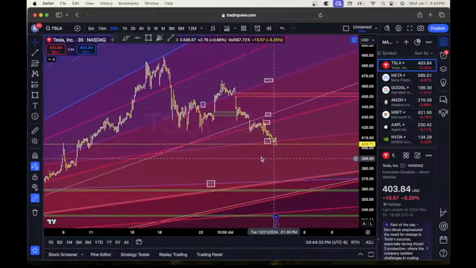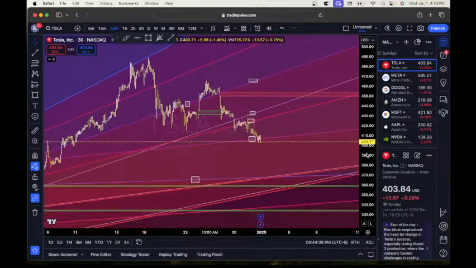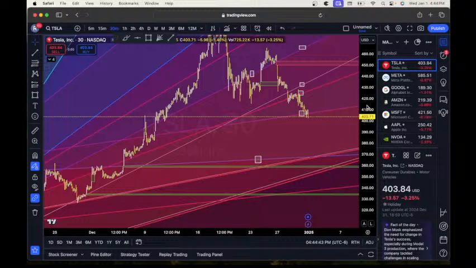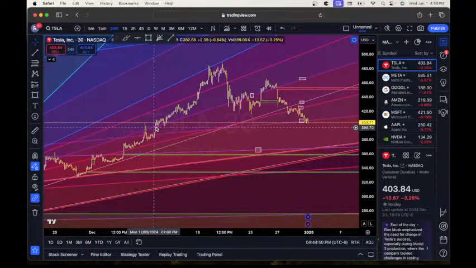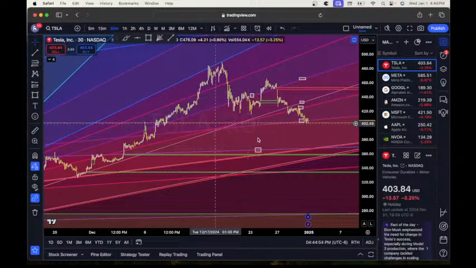It still has one more dump in it. Stock market normally dumps in threes, same way it runs up. Here's one. Here's two. Here's three, and it had one more before it dumped off.